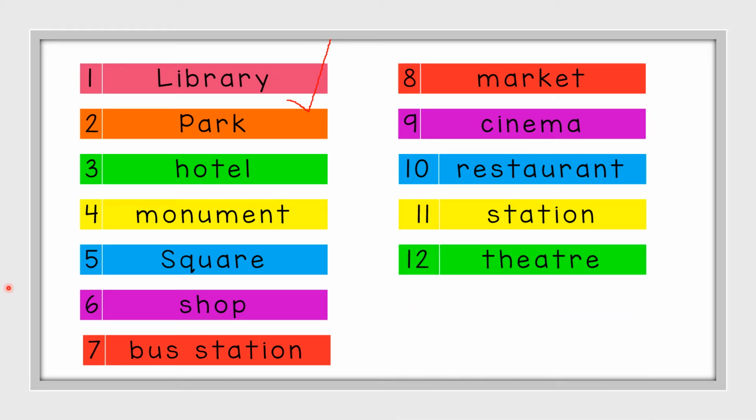Number 12. Theatre. T-H-E-A-T-R-E. Theatre. Another tick if you have this correct. Number 13. Bridge. You have capital letter B and then R-I-D-G-E.